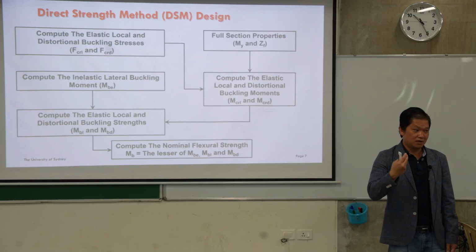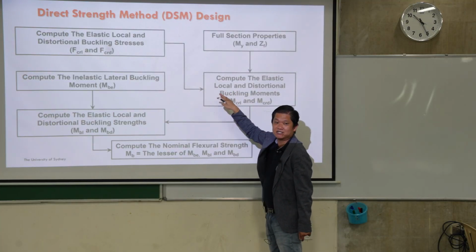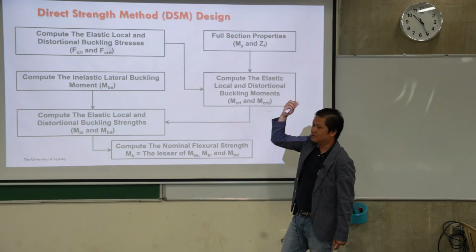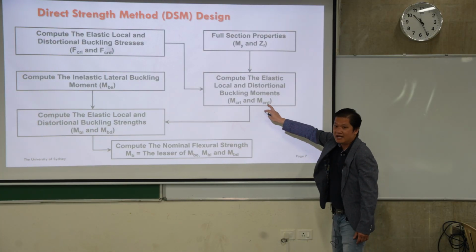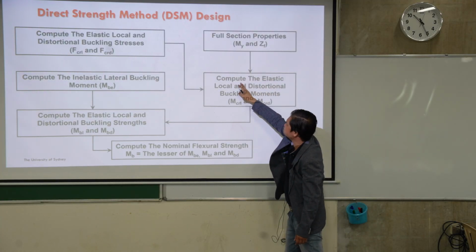So that is the elastic local buckling. Remember, here it's just buckling. All right, M critical L. And then we get a second minimum point, M critical distortional buckling. Okay, so that is buckling.